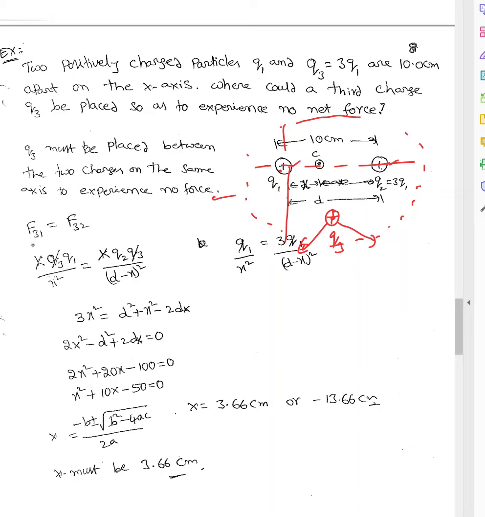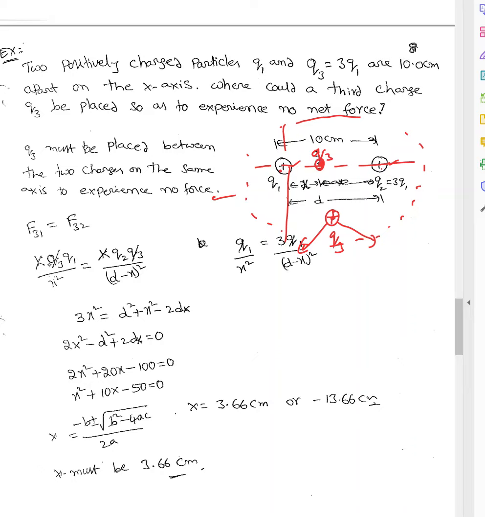We know that the force on the third charge because of charge 1 must be equal to the force on the third charge because of charge 2. He is saying net force is 0, so the force on this charge, let me label this as Q3, because of Q1 and because of Q2 must be equal.